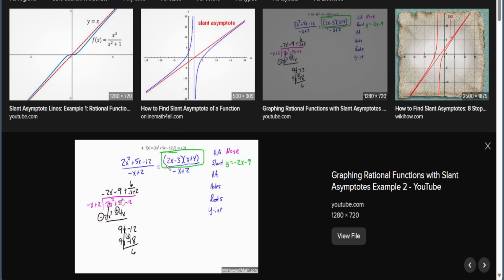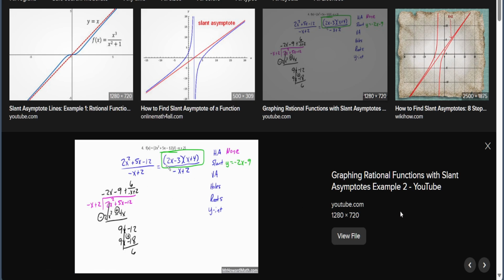See how he crosses out and then you get negative 2x plus 9 over 6 over x minus 2, or negative x plus 2, right? As this goes to infinity, that remainder, that really complicated part at the end, goes to 0, right? So then your function starts following the line, so that becomes your slant asymptote.